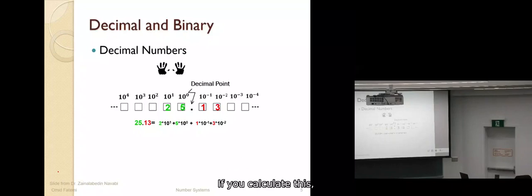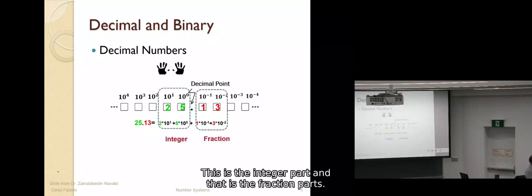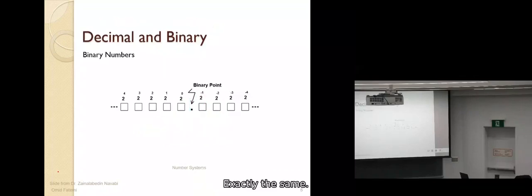If you calculate this, it would be 25.13. And this is the integer part, and that is the fraction part. But exactly the same we are going to do in the binary.